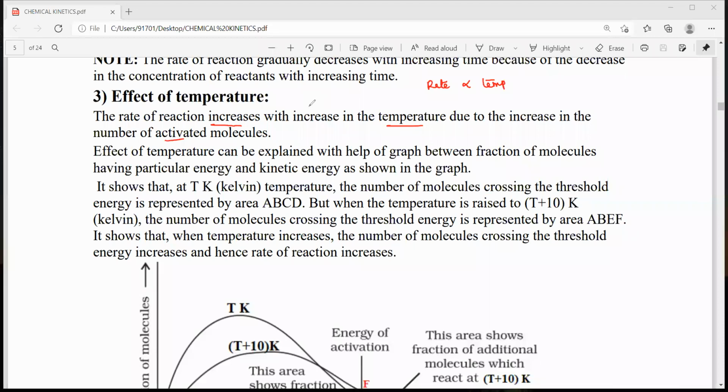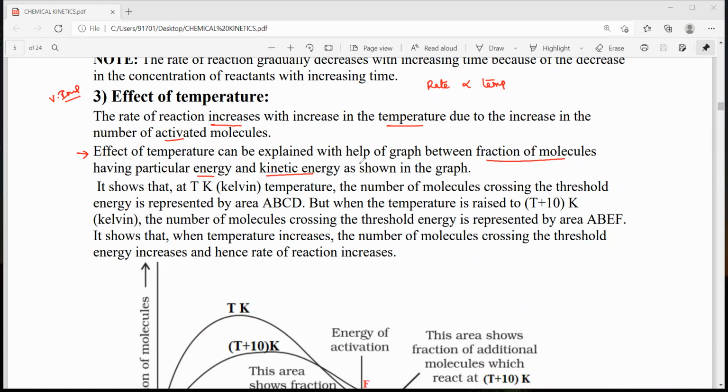So this effect of temperature we have to explain with the help of a graph. The effect of temperature is very, very important, dear students. The effect of temperature can be explained with the help of a graph between the fraction of molecules having a particular energy with respect to kinetic energy.